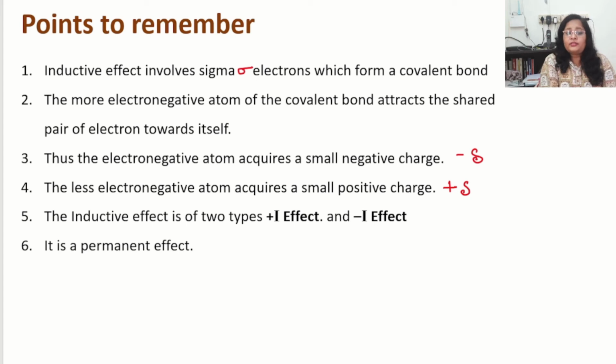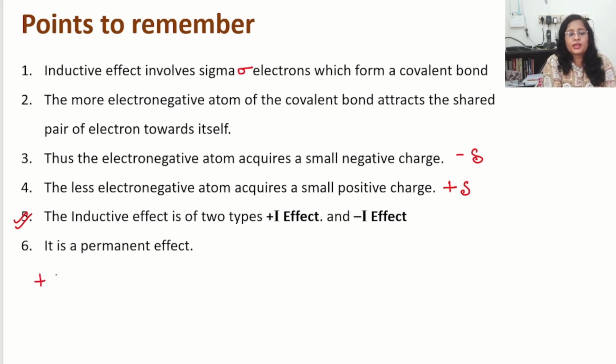The inductive effect is of two types, plus I effect and minus I effect. This point is very, very important. When it is a plus I effect, the groups are givers of electrons, and those are called showing plus I effect.